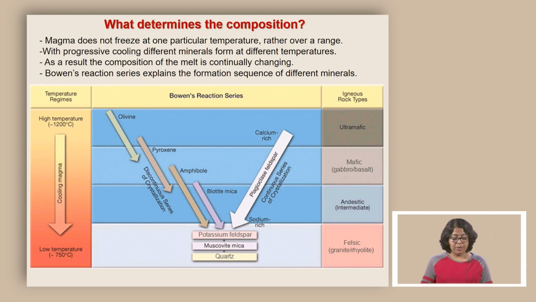Then as we come to the second phase, at a relatively lower temperature, we can expect to find pyroxene. There can be some contribution of olivine too, and that will create rocks which are mafic in nature. There can be contribution of olivine, pyroxene and amphibole.